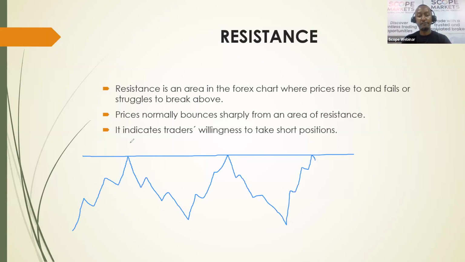So the first time and the second time, we use these points to draw this line and extend it, so that we will be waiting for the price to come back to this particular level for the third time. And from here we'll be witnessing what? The rejection. If we see the rejection of prices, from here we'll be looking to take our sell entries, anticipating the market to sell.